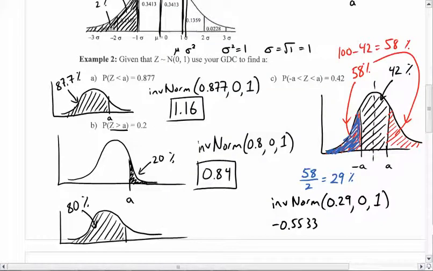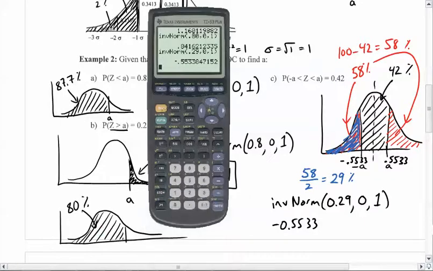So that means as long as I'm between negative 0.5533 and positive 0.5533, that this should be 42% of the data. So if I want, I can verify that using what I learned last class.